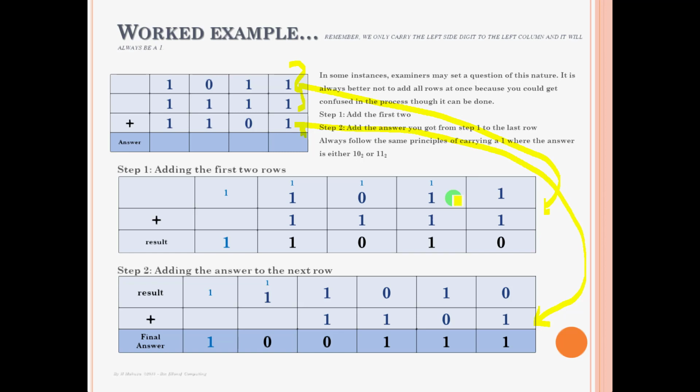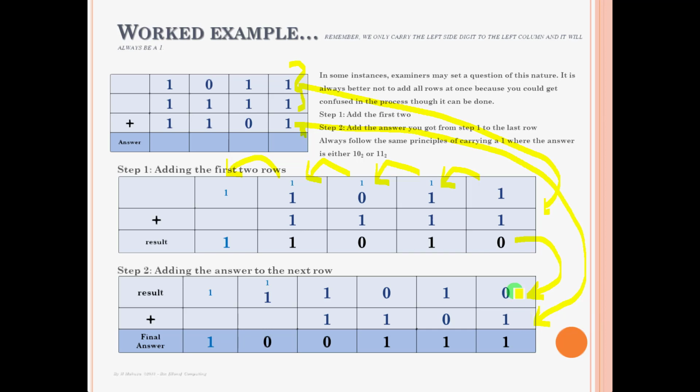When we add them, 1 plus 1 is 0, carry 1. 1 plus 1 plus 1 is 1, carry 1, 0 carry 1, 1 carry 1, and you have a 1 there. That's our answer. So then we move this answer to this table. Now we're going to add that answer we got from adding the first two to the final binary number, the one we moved to this last table.